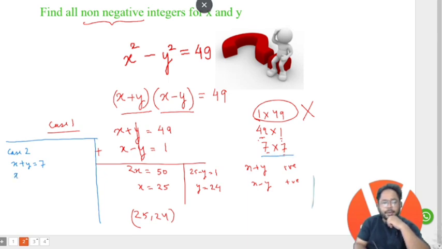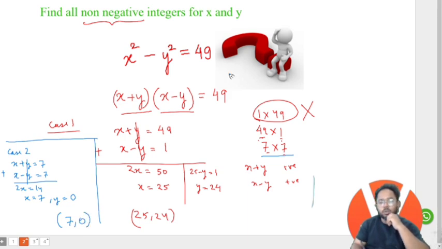Similarly, x minus y equal to 7. Now let's cancel them, positive negative, by adding. So 2x is equal to 14. So we are getting x equal to 7. Now putting the value of x equal to 7 here, we are getting y equal to 0. So that means we are getting another set of positive integers, that is 7, 0.